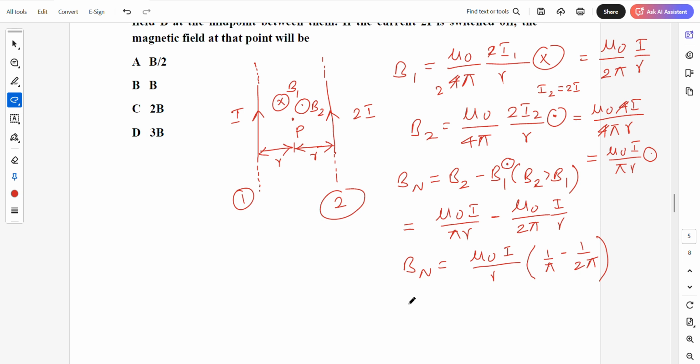That is B net equals mu naught I by r, taking 2 pi as common, into 2 minus 1.